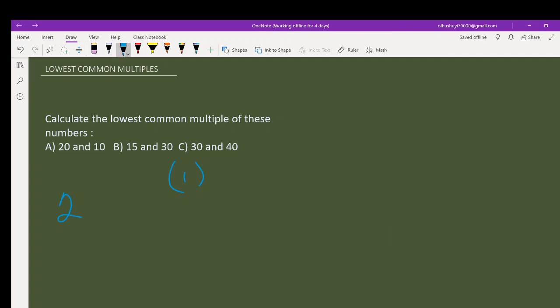You have 20, right? There are two basic methods that you can use. In fact, there are three, but we'll talk about two methods. So here you have the multiples of 20: 20, 30, 40, on and on. Then the multiples of 10: 10, 20, 30, 40, and on and on.